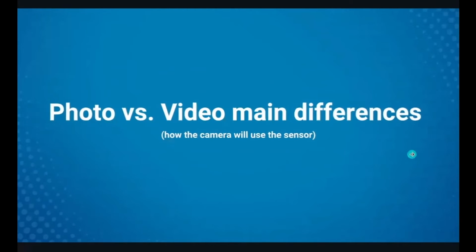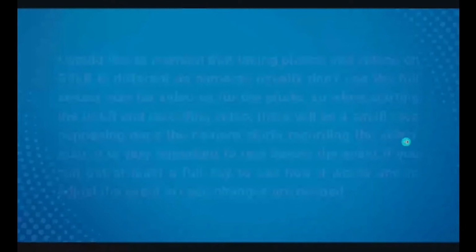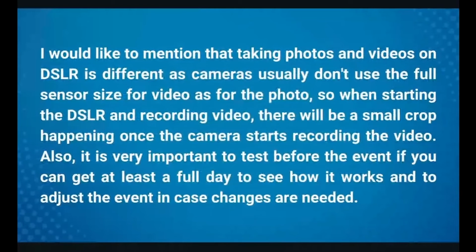And then photos versus videos, main differences: how the camera will use the sensor. I would like to mention that taking photos and videos on DSLR is different, as cameras usually don't use the full sensor size for video. For example, a full sensor camera is called a 35 millimeter sensor, which is like a square.